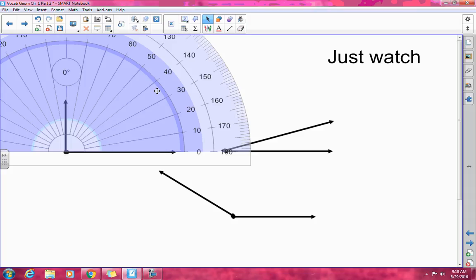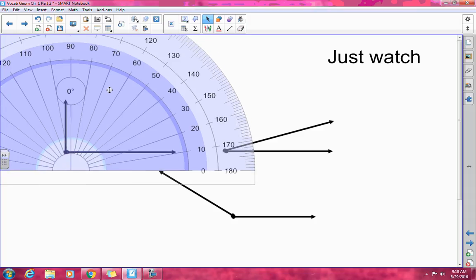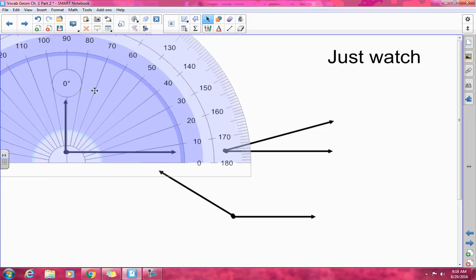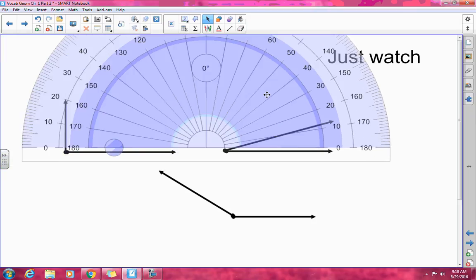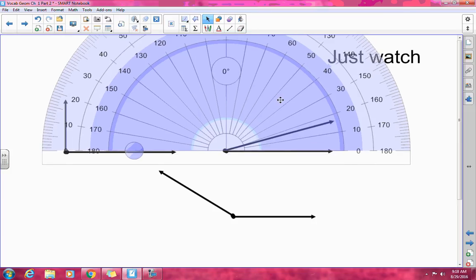So this angle right here measures 90 degrees. Okay, this angle here measures, I'm just showing you this kind of quickly. So again, center on the vertex, line this ray up on the 0 line, and if I'm measuring my angle, I'm going to go from 0 to, that's about 17 degrees.